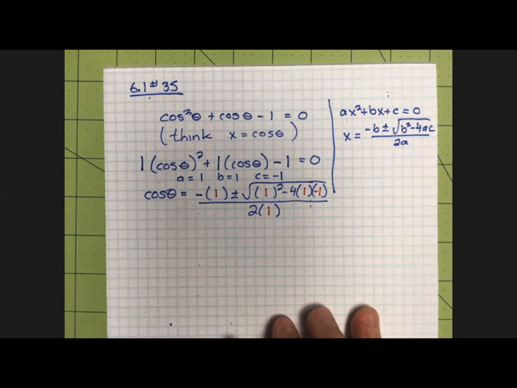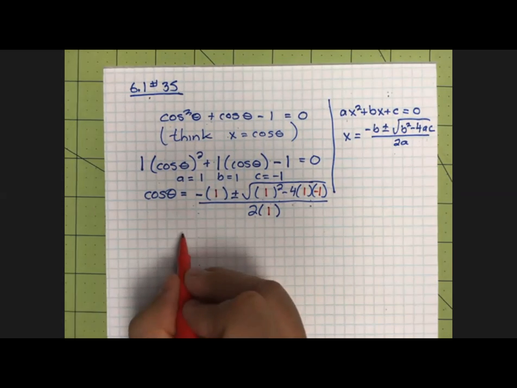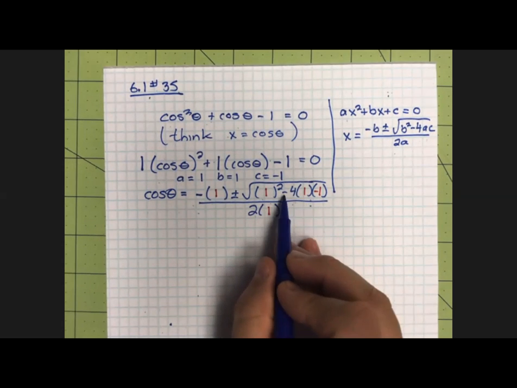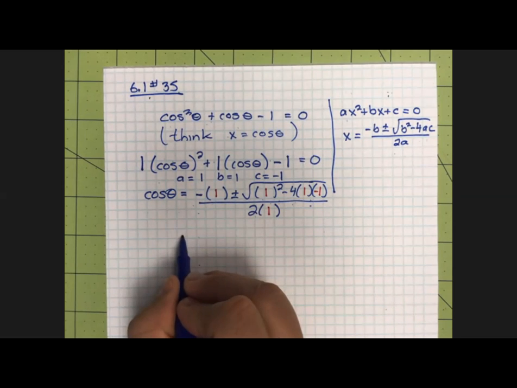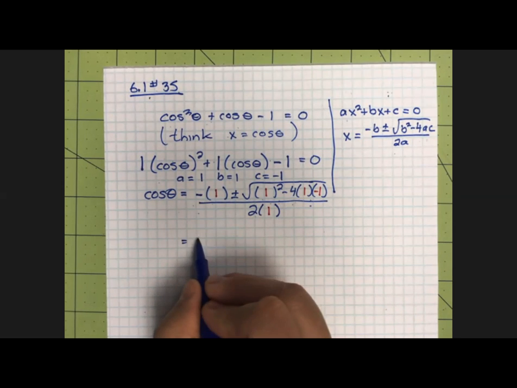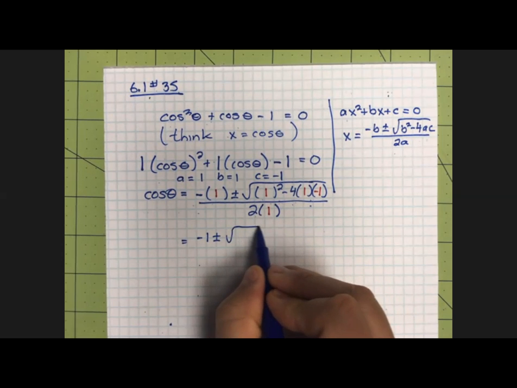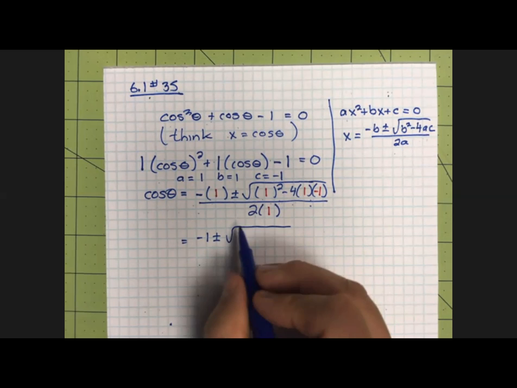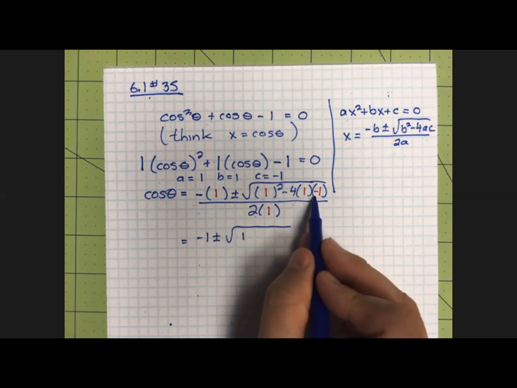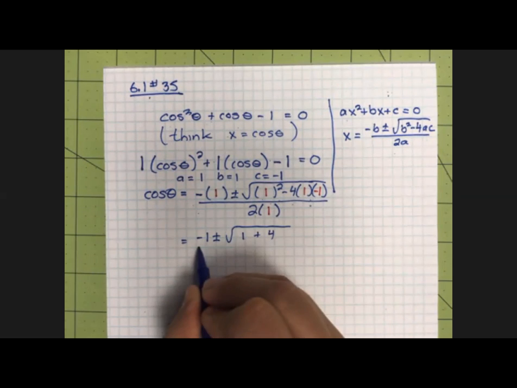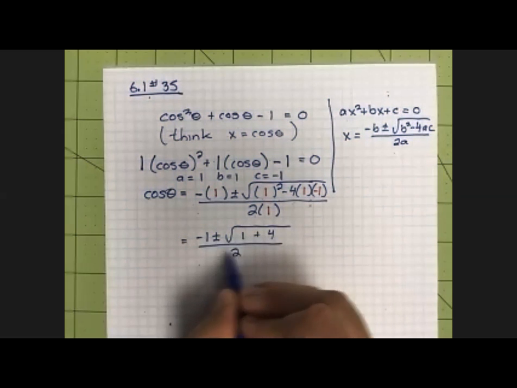Even if the numbers are really simple in this case, you've got to concentrate on squaring the proper number, multiplying the proper numbers here, respecting the signs: -1 plus or minus the square root of 1 plus 4. -4 times 1 times -1 is plus 4, over 2.